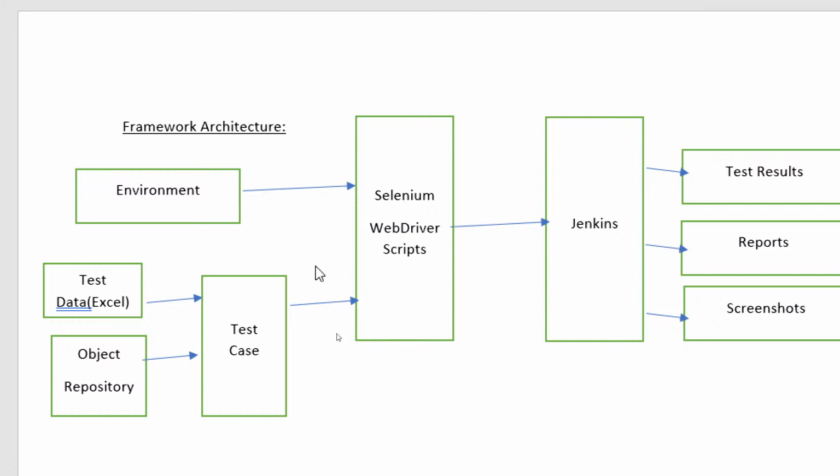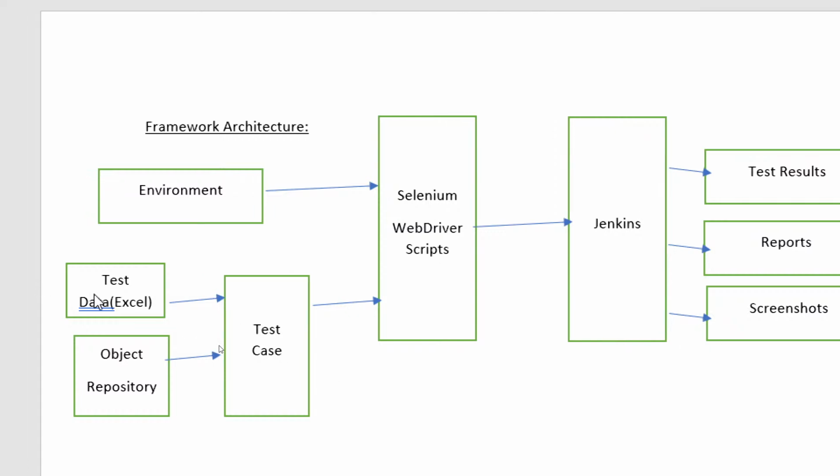In the test case folder, all the test cases will be stored, and each test case will take test data from the test data folder or the object repository folder also. The execution will start from the Selenium WebDriver scripts, which take the URL from the environment folder and test cases from the test case folder.